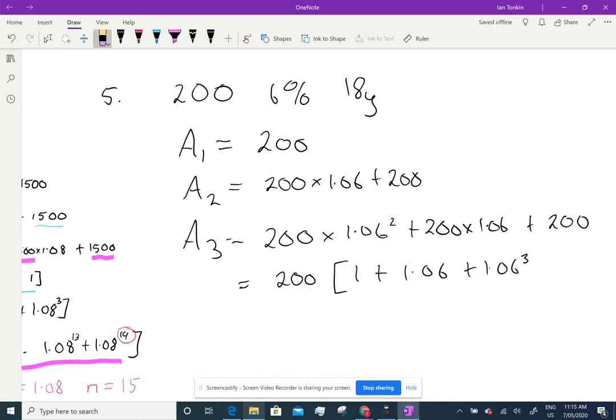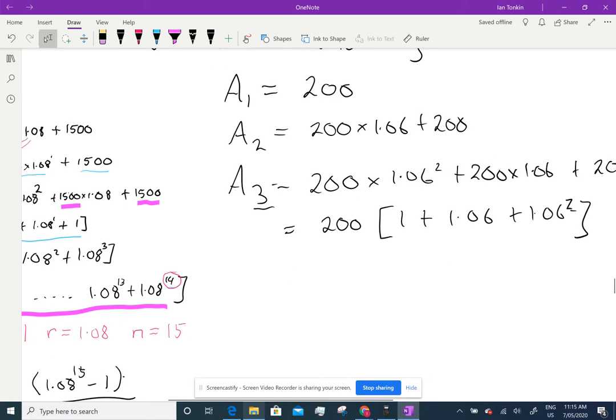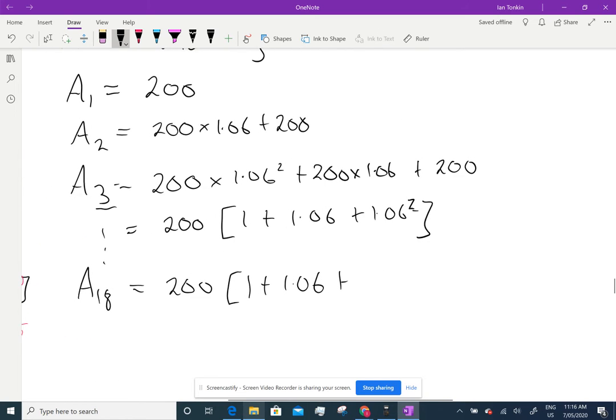Sorry, that's squared. When it's put in at the end, this number and this number are always, well, that one's bigger than the one in the series. So on his 18th birthday, it'll be 200 times 1 plus 1.06 plus ... 1.06.